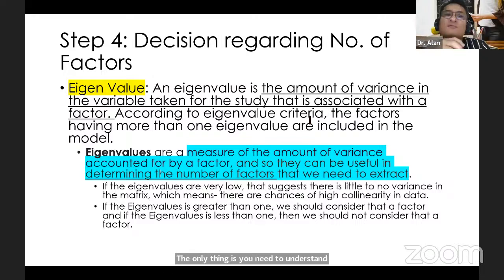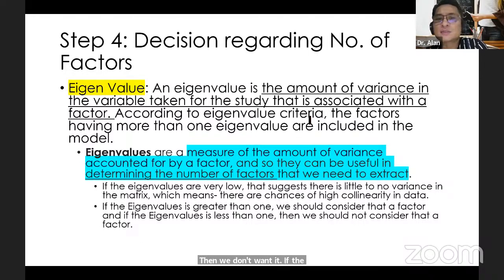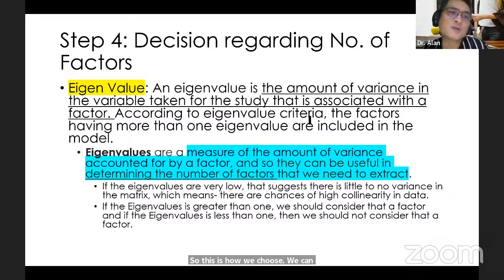If the eigenvalue is less than 1, then there is little to no variance in the matrix, meaning there are chances of high collinearity in the data, and we don't want it. If the eigenvalue is greater than 1, you should consider that a factor. If it is less than 1, we should not consider it a factor. This is how we identify the number of factors based on the eigenvalue.